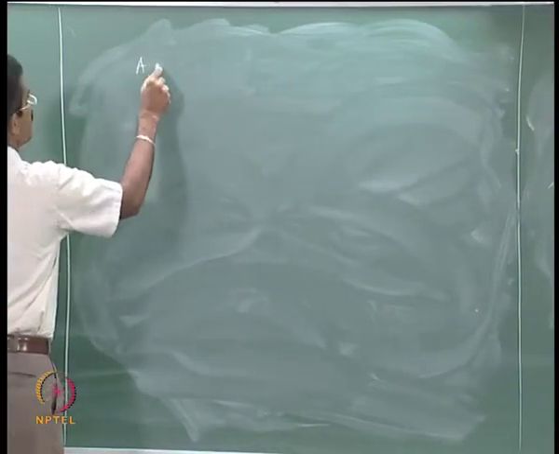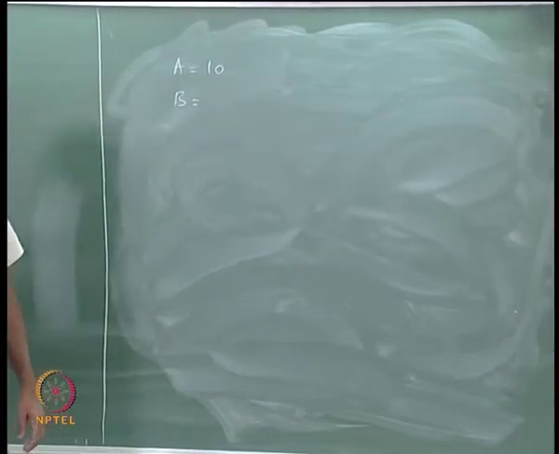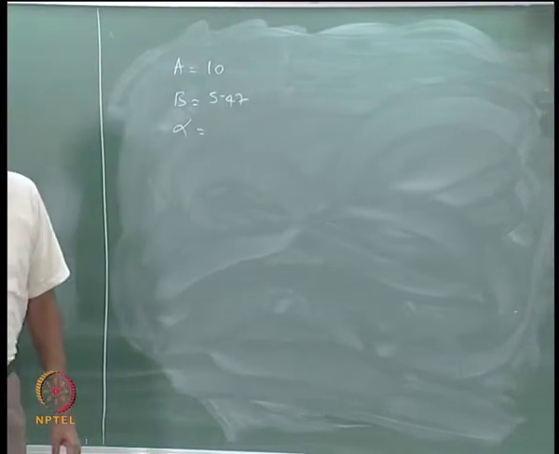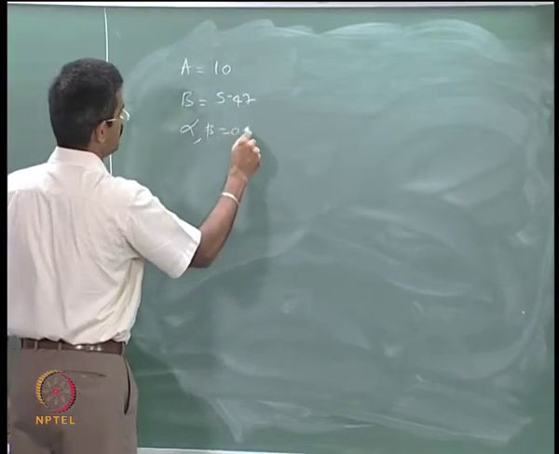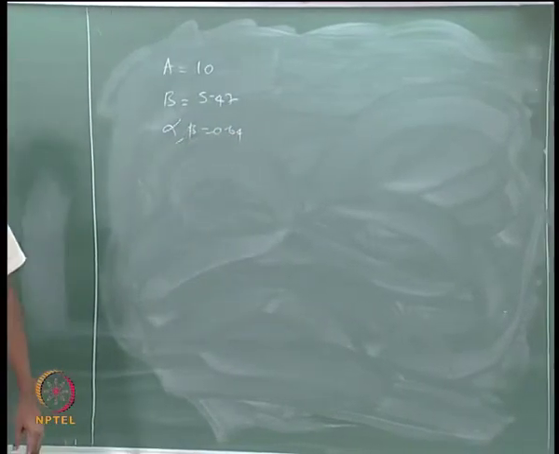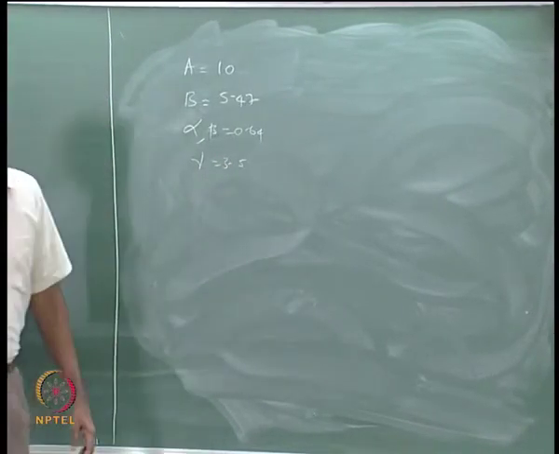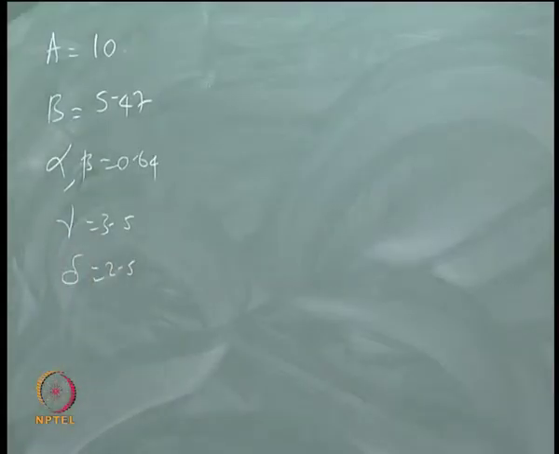He said A can be 10, B can be 5.47, alpha and beta 0.64, nu 3.5, delta 2.5, and F naught which is used.